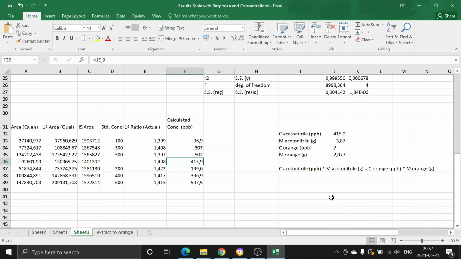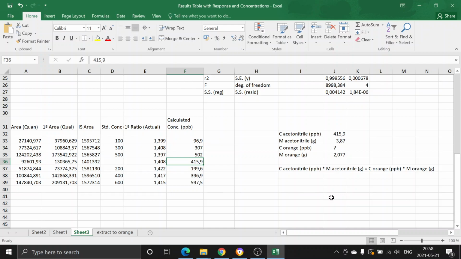Of course, that's not true. That's a preliminary approximation. Later in the following videos, I will show you that the extraction yield is not 100%. It's around 88%. But at that step, we will assume that all the imidazolil was transferred to acetonitrile.